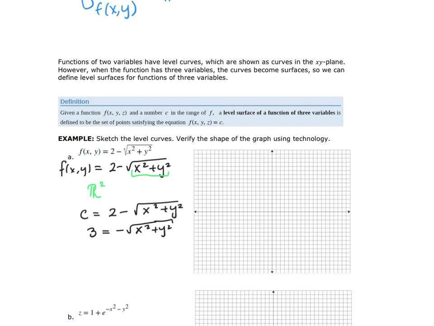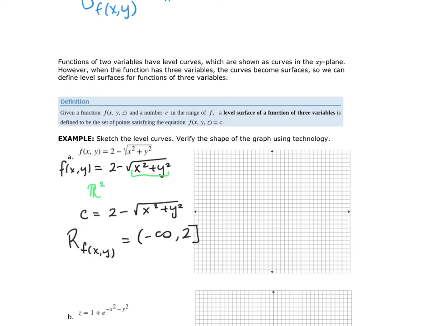So this is going to be a false statement. So that tells me the largest output, my range, this is where it's kind of important, my range values are going to go from 2 and then less. So my range of f of x, y is going to be negative infinity to at the very most 2, because I'm subtracting off a positive number, and it can be a very large positive number.